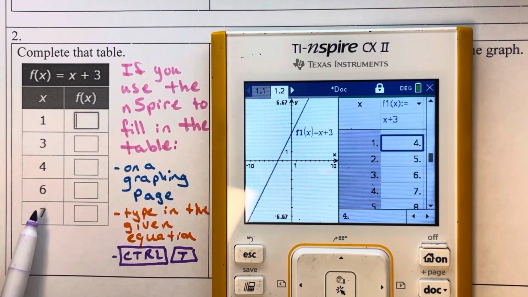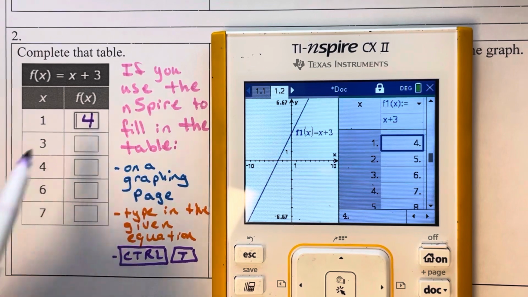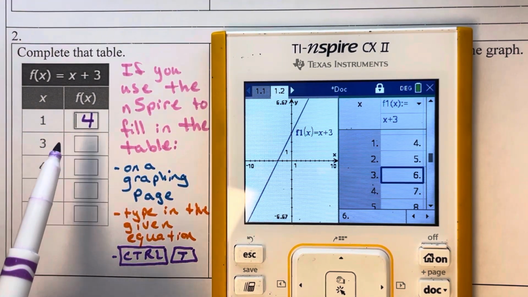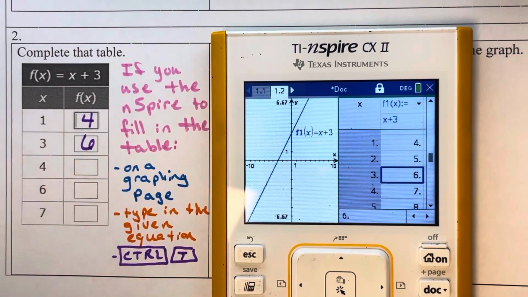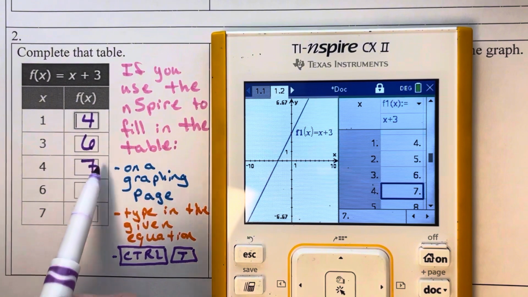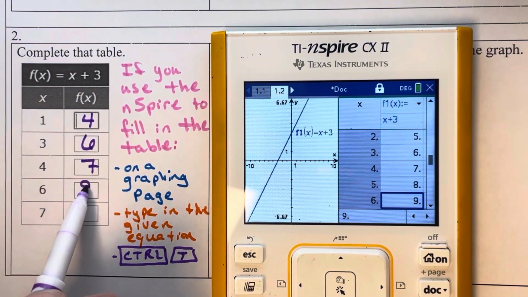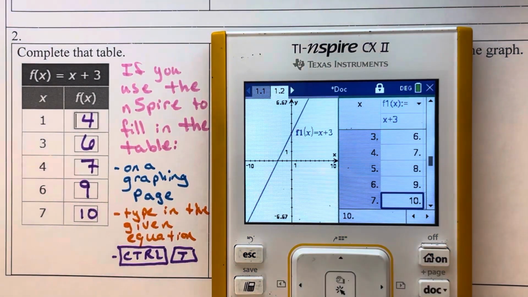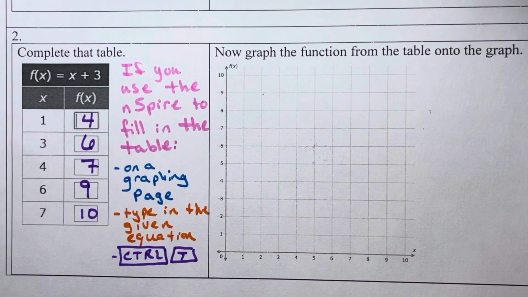So just be mindful as you are filling in points that you are looking in the accurate location. So our second row isn't asking for 2, it's asking for when x is 3. That has a corresponding 6. So just being mindful of the things that you are given versus what you are asked for as you are filling in your table. Now that we've filled in our table, we're ready to go plot our points.